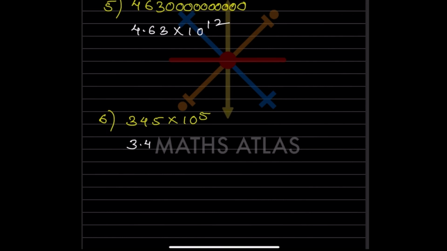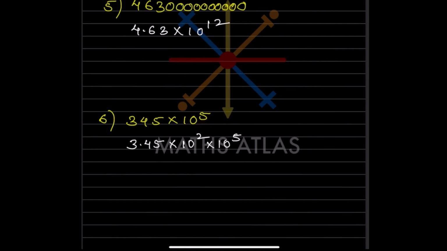If you write 3.45, then you need an extra 10 raised to 2, because the original number in the question is 345. So if you write 3.45 into 10 raised to 2, that is going to be 345. And this 10 raised to 5, whatever is there, stays as it is. So you will write 10 raised to 5.